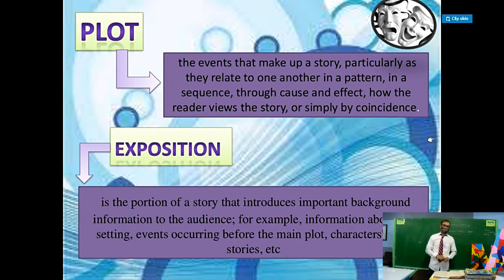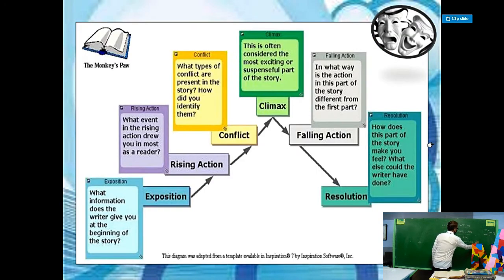Exposition is the portion of a story that introduces important background information and starring. Who are the stars of the story? Expose the villain and some of the characters in the story.